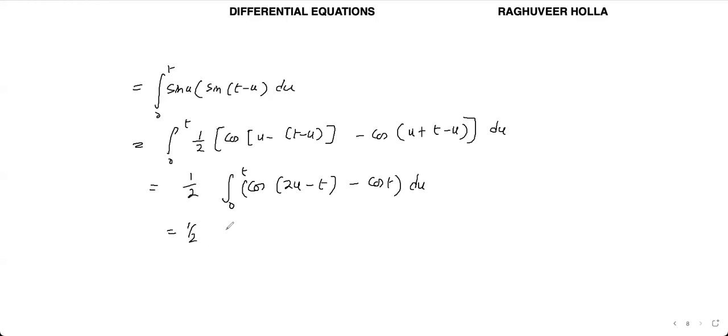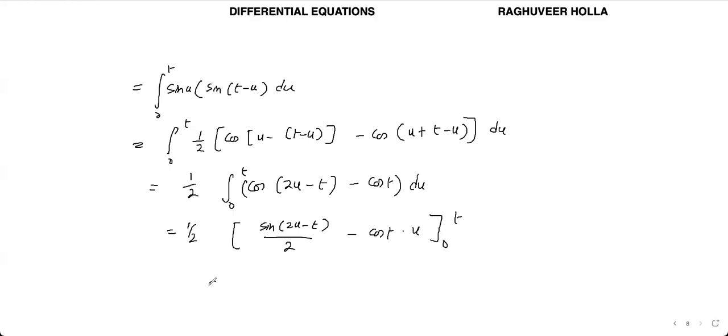Now the integral of cos is sine, so we get sine of 2u minus t divided by 2, minus t into u, within the limits 0 to t.